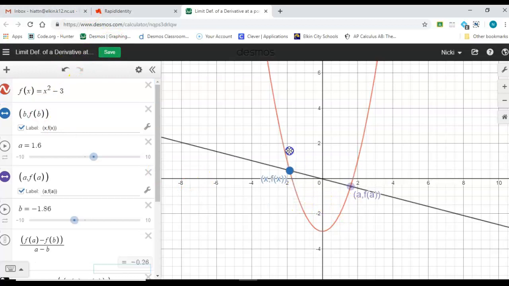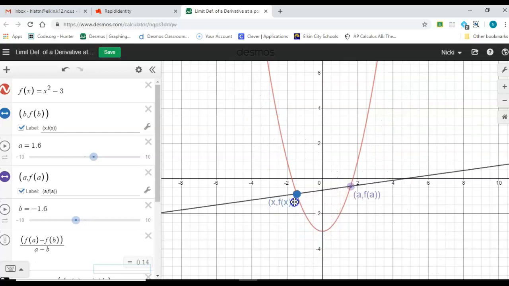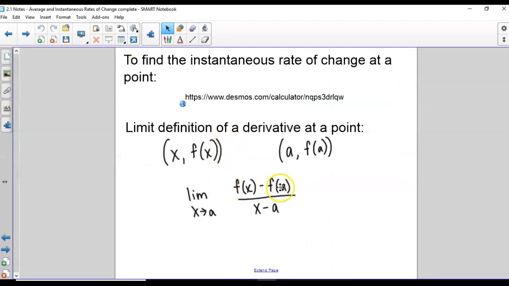If we want the slope between a point x, f of x, and some point a, f of a, we would just do the slope formula, f of x minus f of a over x minus a.